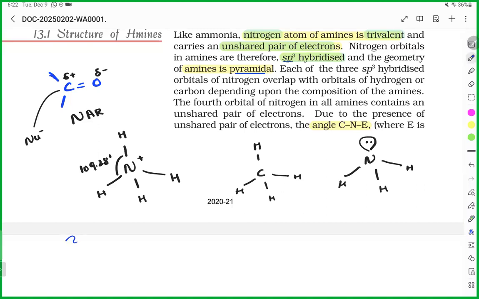Exactly. Remember everyone, when we calculate hybridization, you calculate the number of bond pairs and the number of lone pairs. If you see here, you have 3 bond pairs, and one unshared electron pair, that is the lone pair. What is the total? 4. So 1s, 3p. Understood?